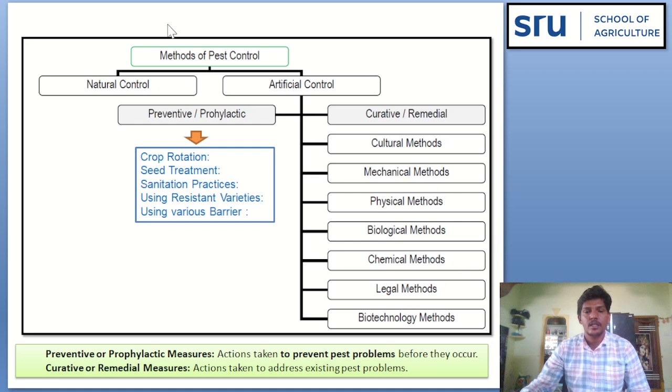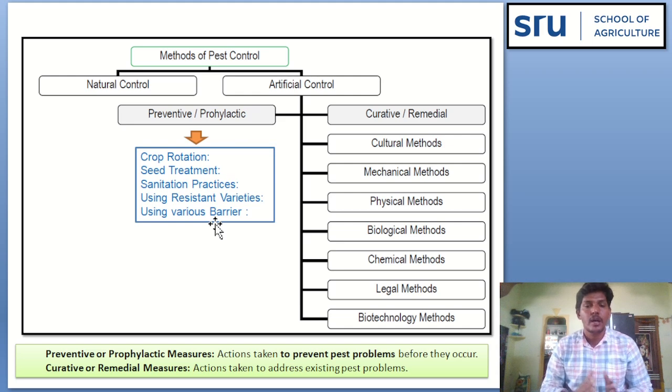See here, under natural control, we can go for crop rotation, seed treatment, sanitation practices, using resistant varieties, using various barriers. All these measures we are taking before pest arrival.